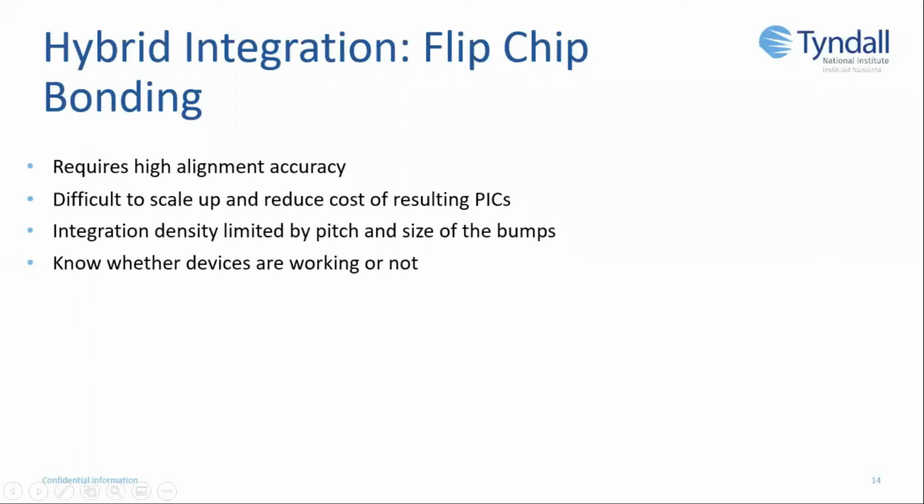And as a result of the alignment limitations, it can be difficult to scale up and reduce the cost of the PICs. Also, unlike wafer bonding, where you can etch away the material and form as many devices as needed, you can only integrate so much with flip chip bonding as it depends upon the pitch and the size of the bumps.